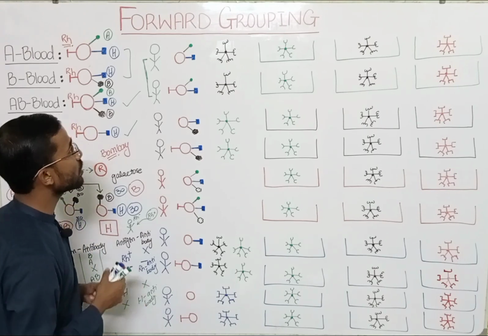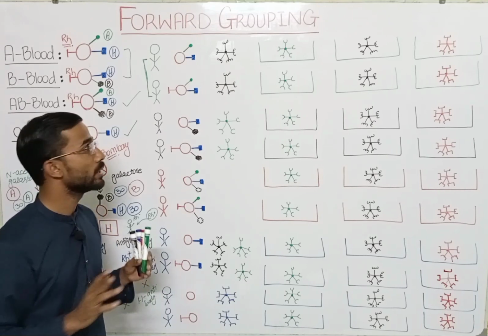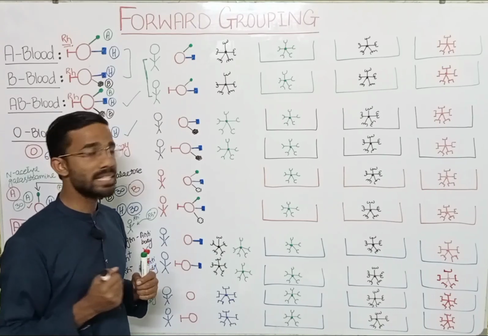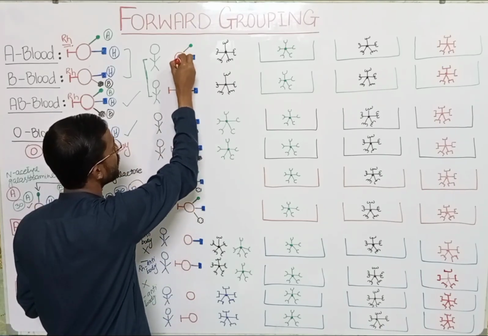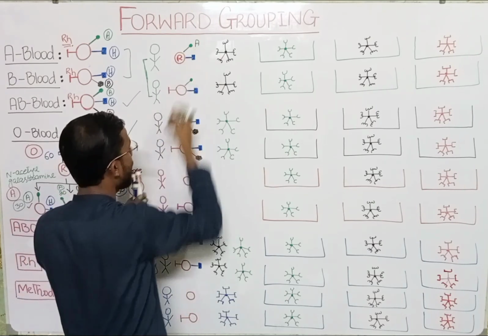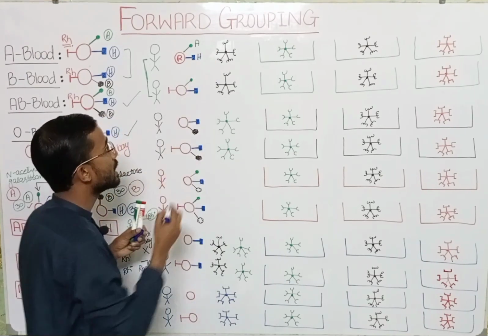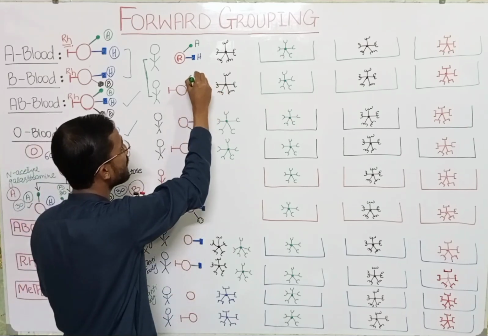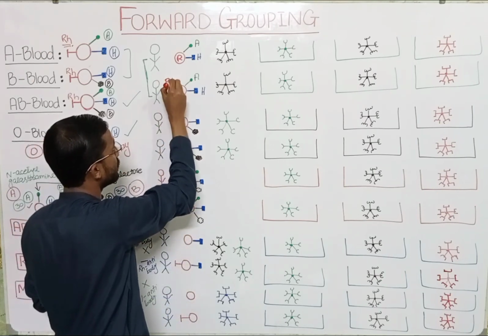In that situation, normally if we don't know the blood group, then let's suppose, for the sake of understanding, this is the RBC, and you will see the antigen A and antigen H. Same here, H antigen, and A antigen, and last is the RH antigen.